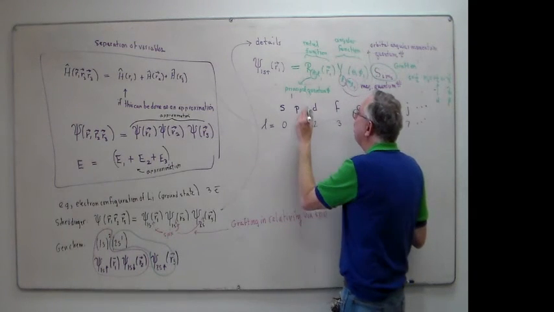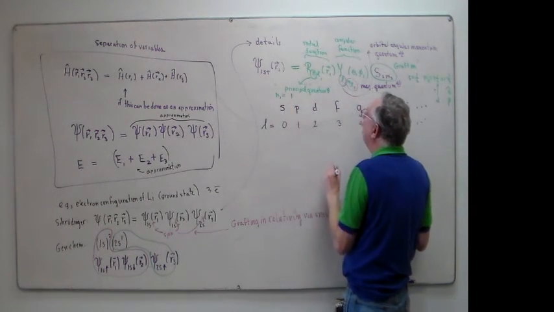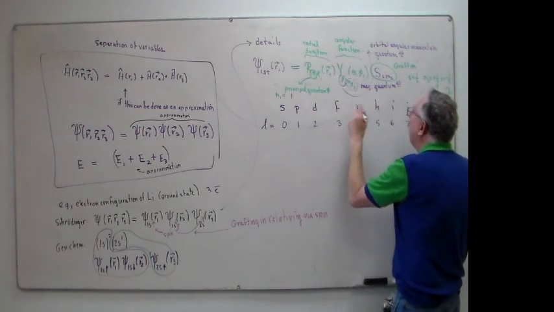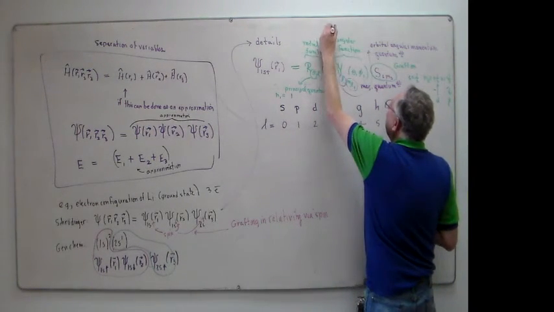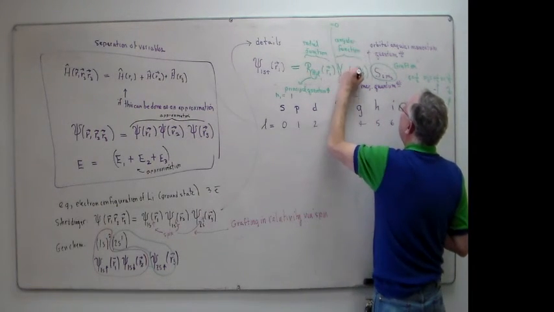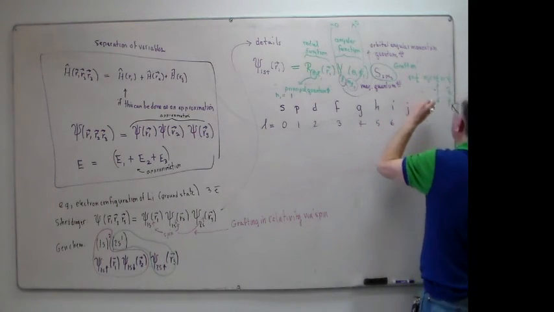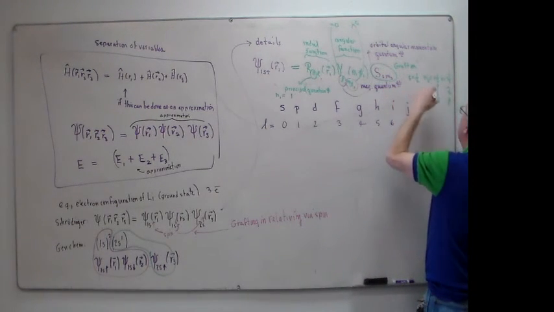I misspelled it. So the principal quantum number N1 equals 1. L1 therefore has to equal 0. And M sub L1 can only have the value 0. And S is always 1/2.